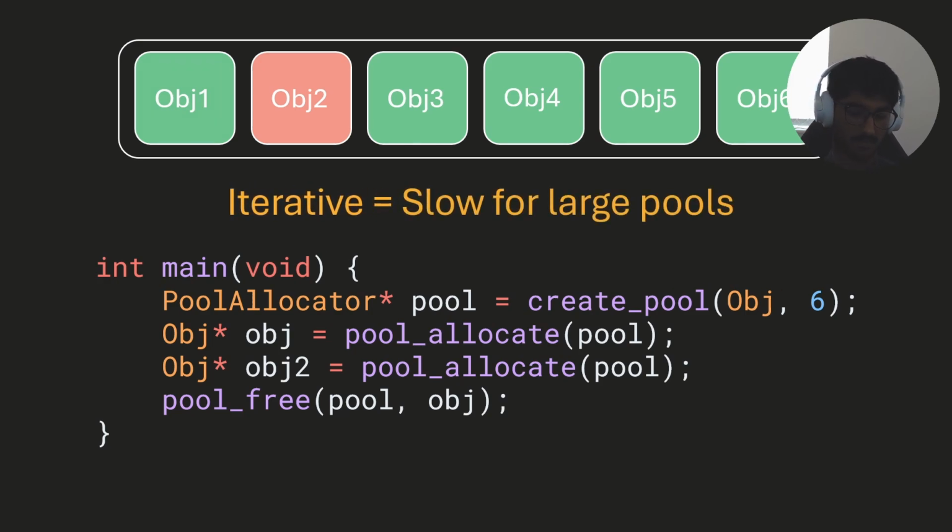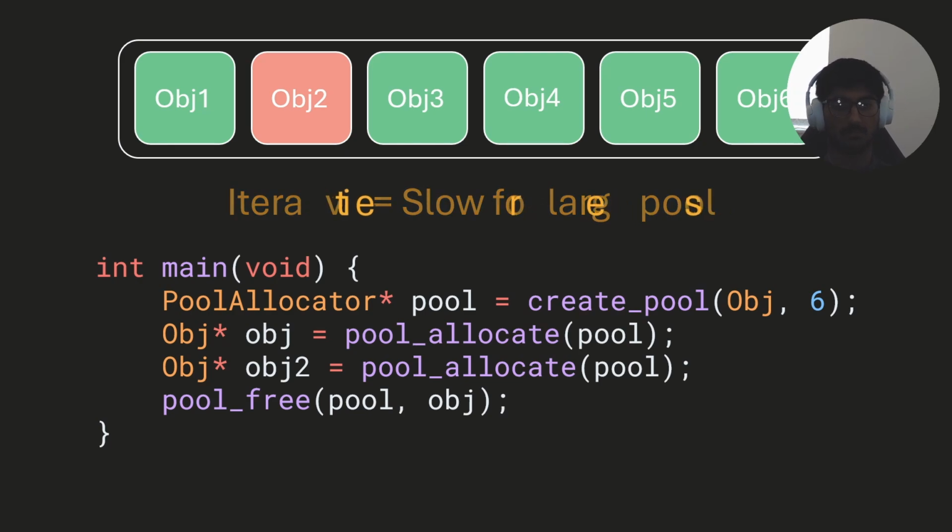If you imagine the first few iterations, it's fine, right? We just have to do 1, 2, 3 iterations to finally find a free object and we just return that. But if you've got hundreds upon hundreds of elements, or maybe even thousands, then as we allocate more and more objects, we have to search further and further into this pool to finally find a free one. And it doesn't scale linearly, right? So that makes it very slow for large pools.